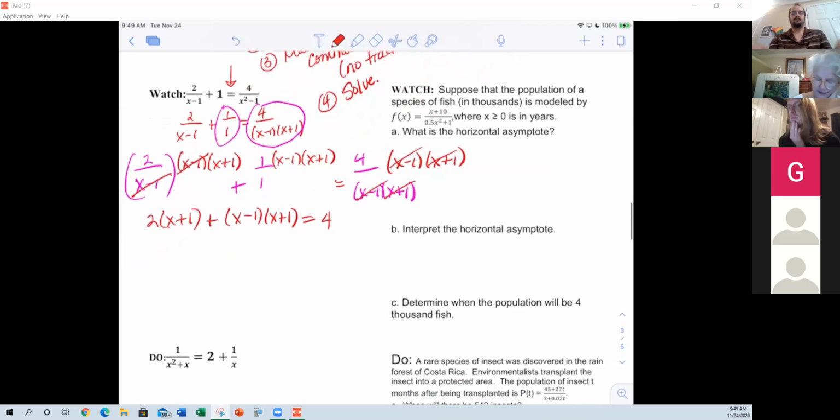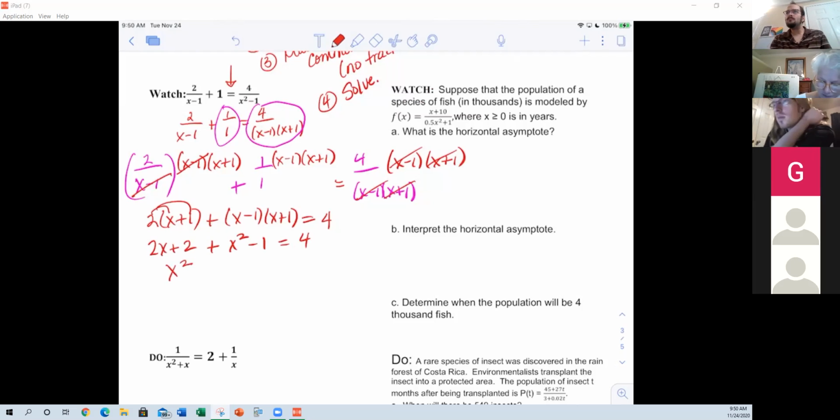Now I'm going to simplify this. So I have 2x plus 2. If I FOIL this out or just recognize this as the product of the sum and difference of x minus 1, x plus 1, it's just going to be x squared minus 1 equals 4. I'm going to set the whole thing equal to 0 because it's quadratic.